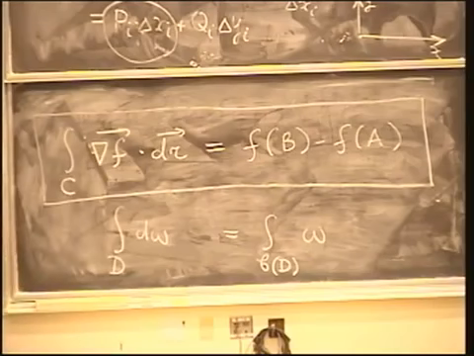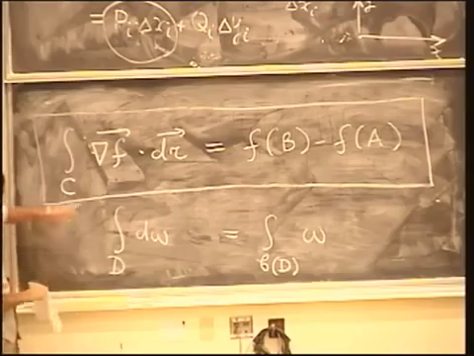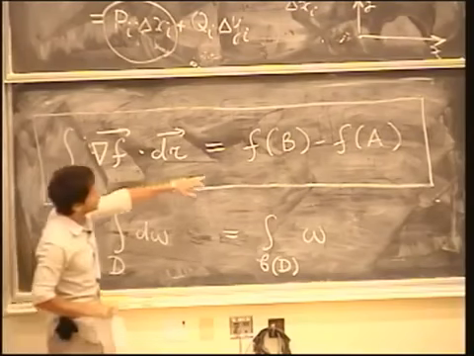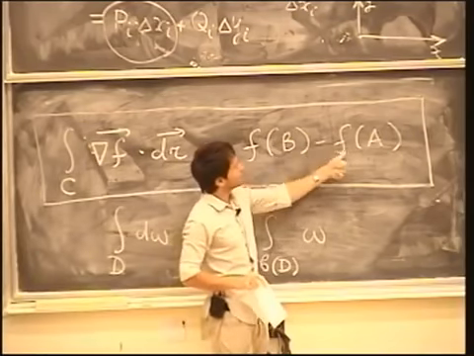And so you see, in this particular case, perhaps I should explain that this is point A and this is point B. So in this particular case, your domain D is this curve. And the boundary of this domain consists of 2 points, B and A. So indeed, on the left, we get an integral over C. And on the right, we just get the values at the 2 endpoints.